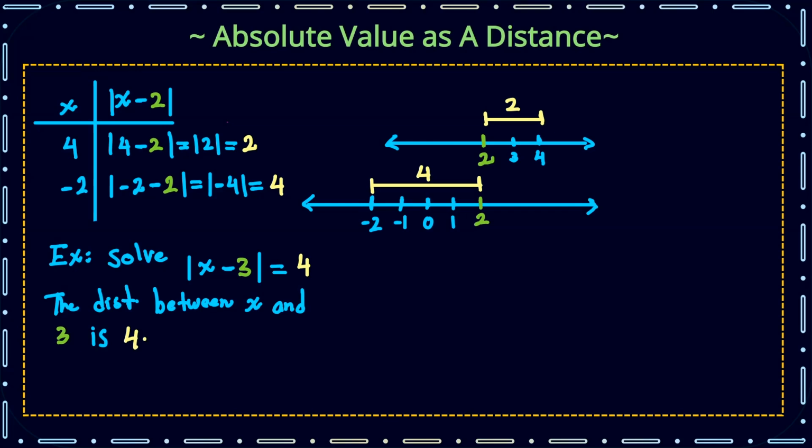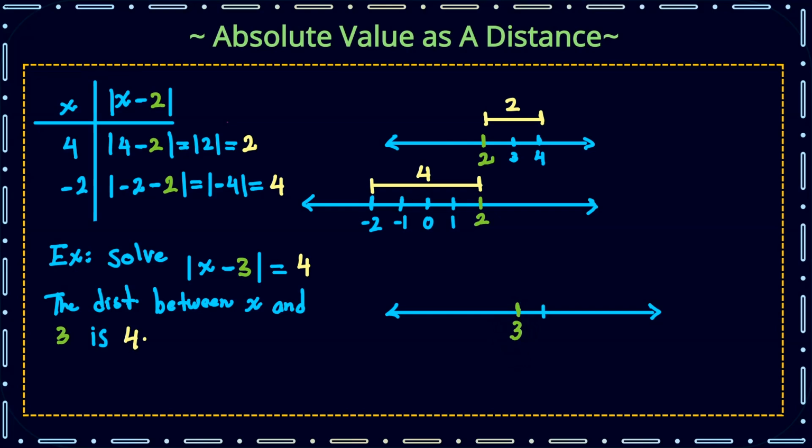Draw the number line. Begin by locating what I call the center, which would be 3. We are measuring x from 3. We are looking for numbers that are 4 units away from 3. From 3, you just go away by 4 units. You can go to the right by 4. You can go to the left by 4.